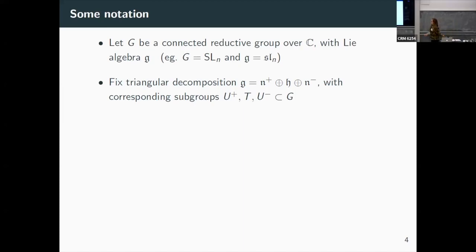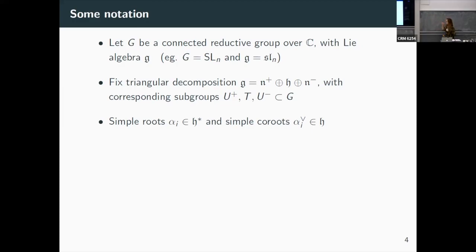Similarly with groups, U plus, T, and U minus are my notations for unipotent, torus, and opposite unipotent. It's kind of funny that it's not the same letters, but oh well. Such is life.